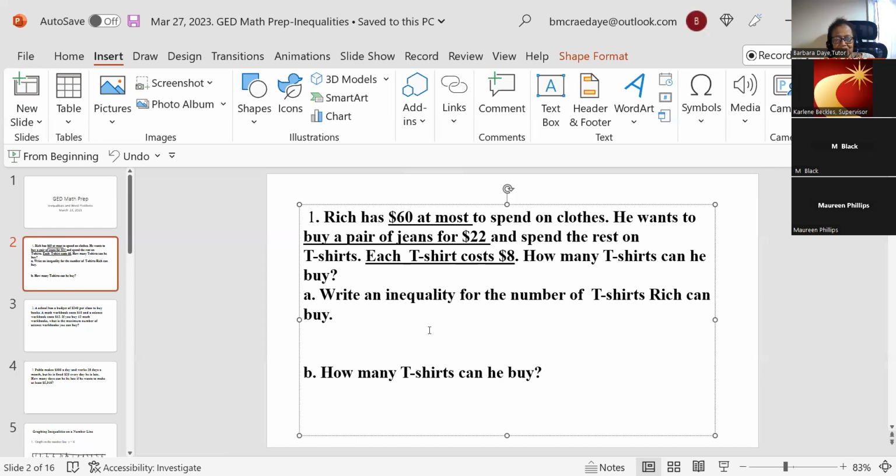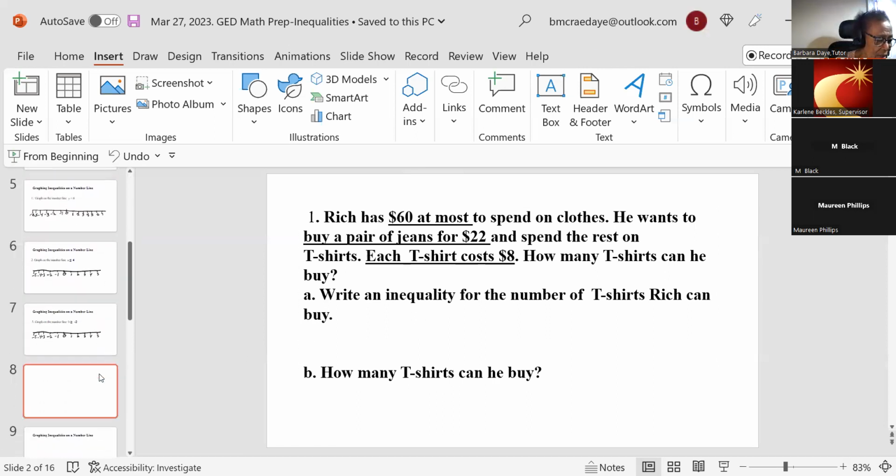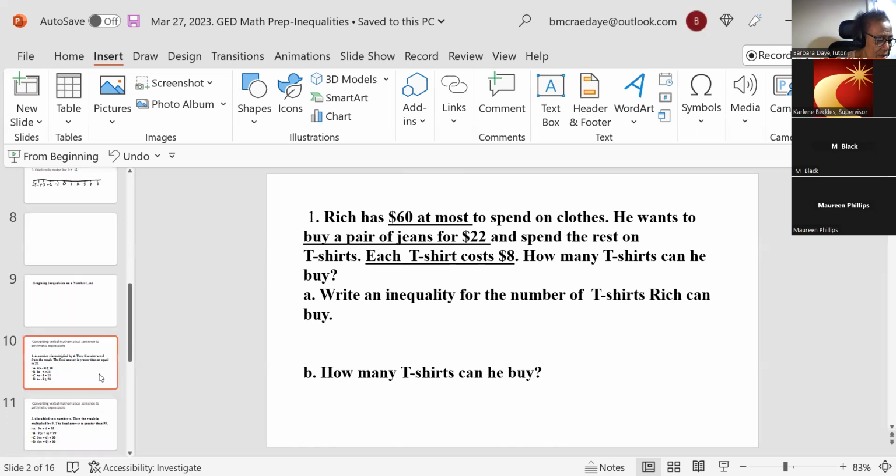What would be less than or equal to the amount that is left when you deduct 22, that is 38? Well, that follows the inequality, right? Okay, so let's see if I can find a less than or equal sign here.